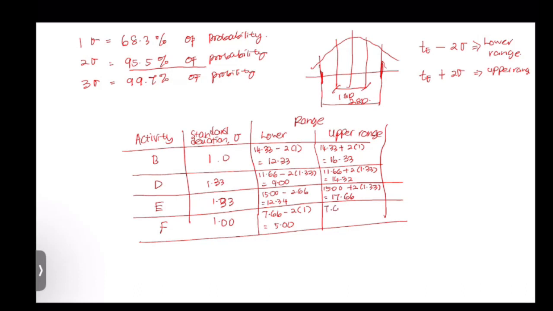And activity F, 7.66 plus 2 times 1, gives the value of 9.66. So that is the duration range by using 2 standard deviations. Okay, so this is the lower range and the upper range of duration for each critical activity.